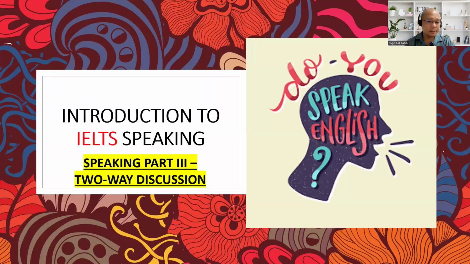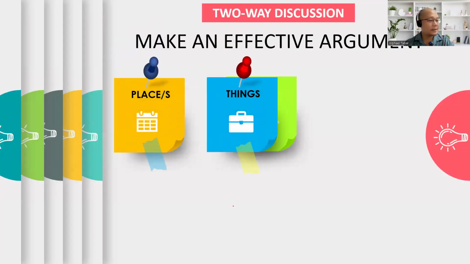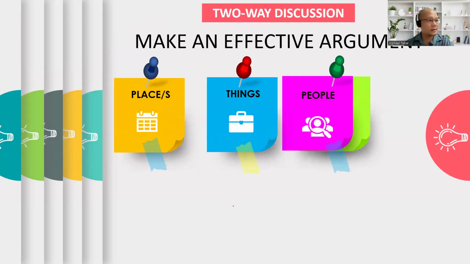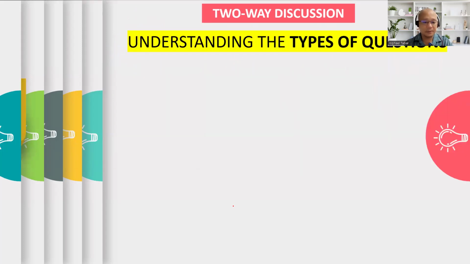So now let's check the last part of speaking, which is speaking part 3, also called the two-way discussion. Again, in this part, the examiner and the candidate discuss certain topics about places, things, events, and people.